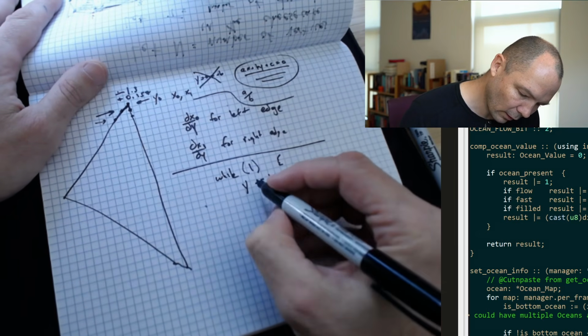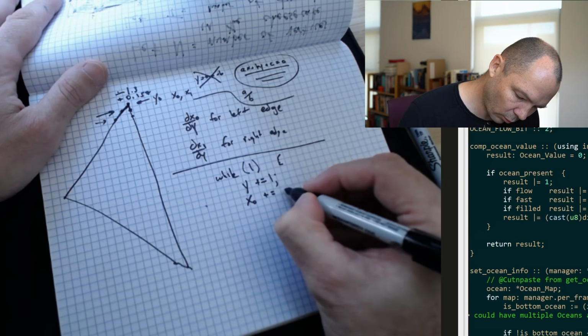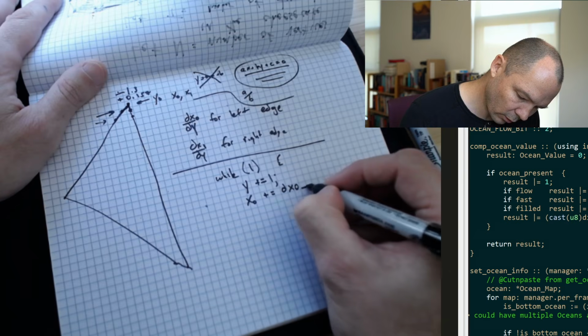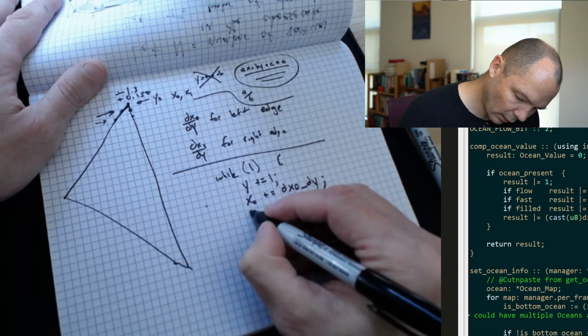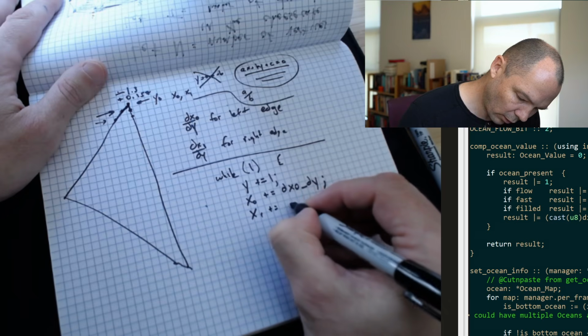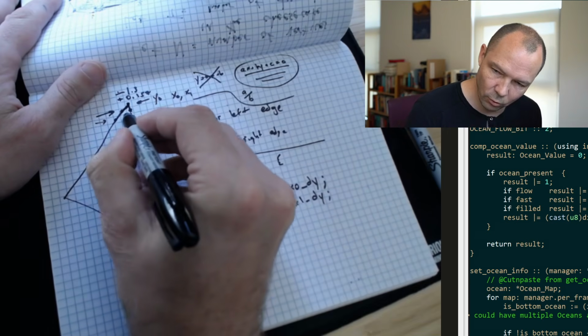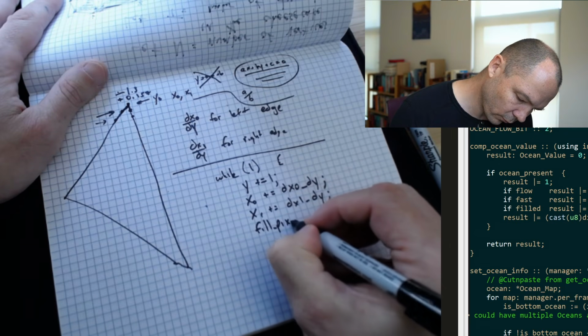This is what we're doing. And then x0 plus equals dx0/dy. This is C, so we're not writing fractions. And then x1 plus equals dx1/dy. And that gives you these two pieces. And then you just say fill pixels, whatever you're going to do.